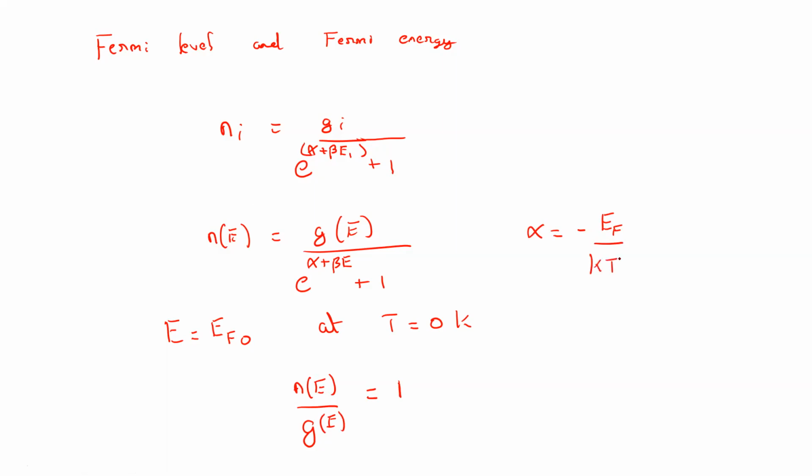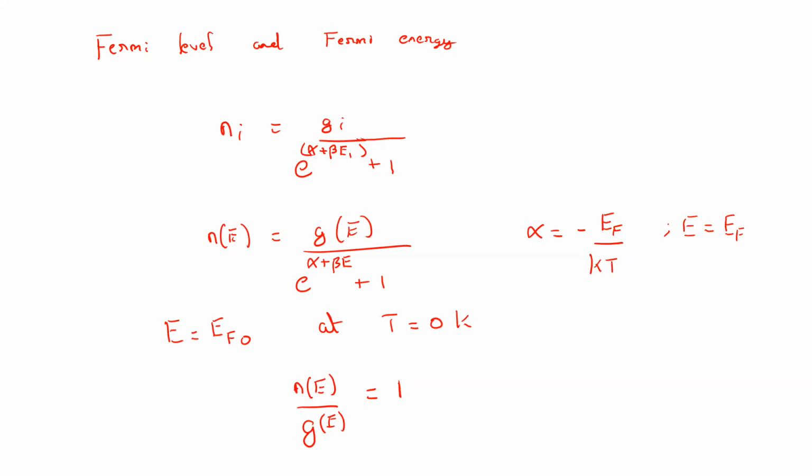And the energy also, of course, should be equal to the Fermi energy. If you substitute that here, you see that the denominator will become e to the power of minus infinity.